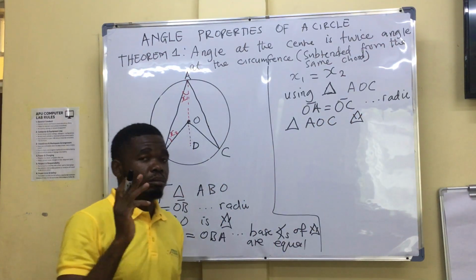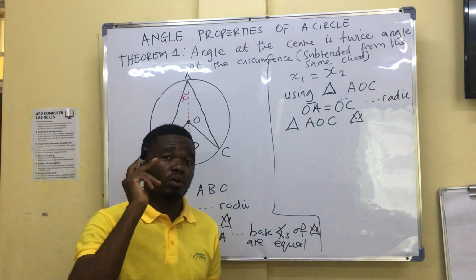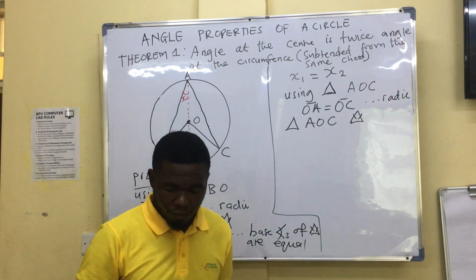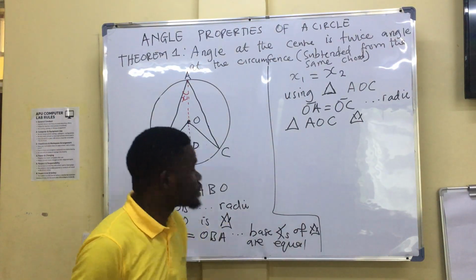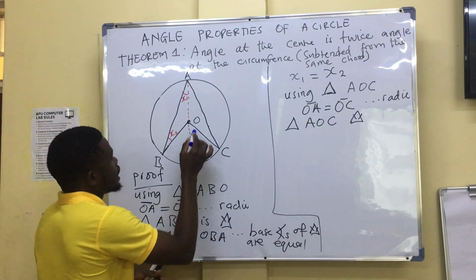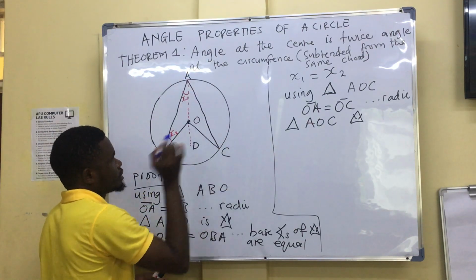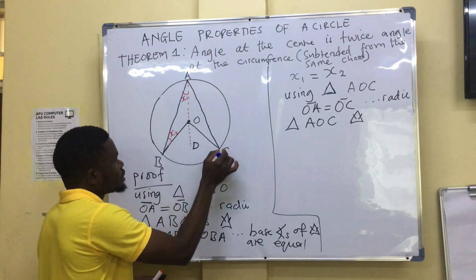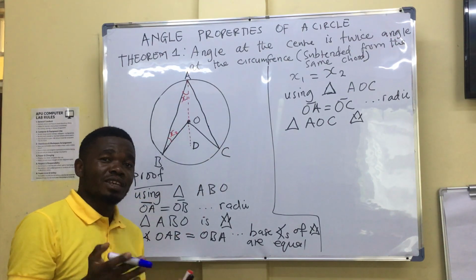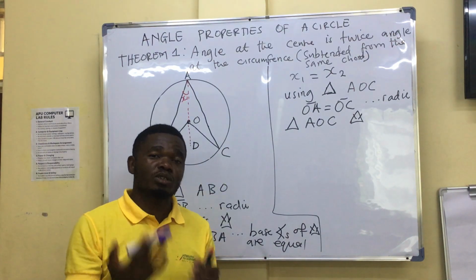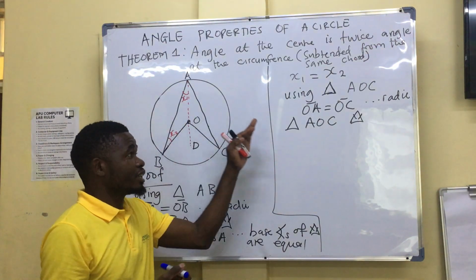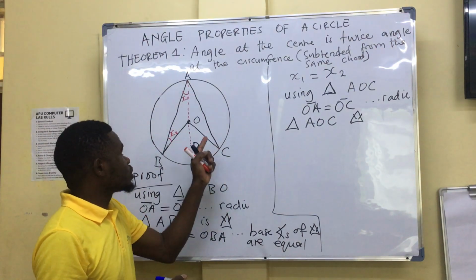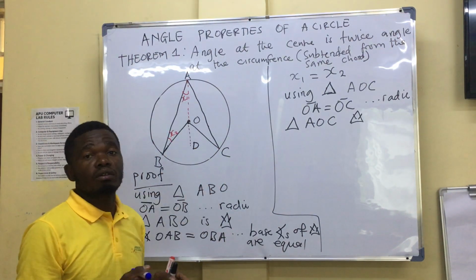So remember, base angles of an isosceles triangle are equal, right? Fine. But we have this angle OAC is equal to angle OCA. Why? Those are the base angles of an isosceles triangle. But this triangle is triangle OAC or triangle AOC, right?